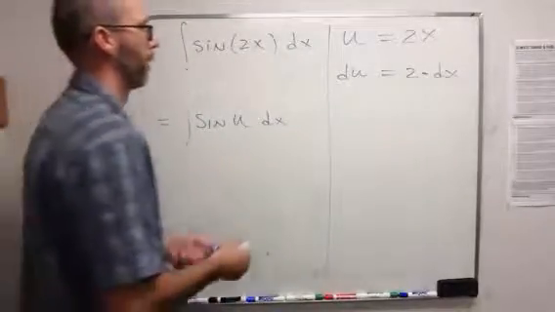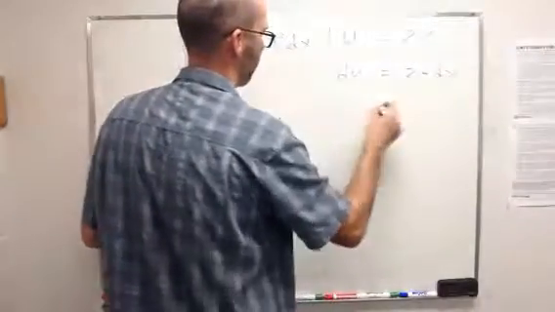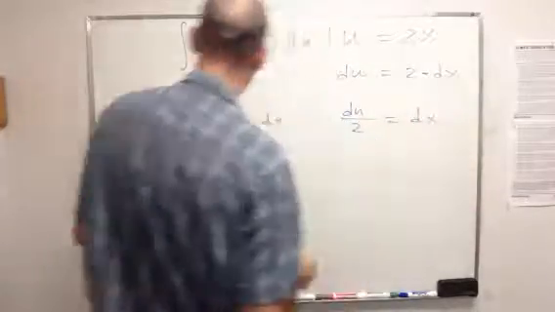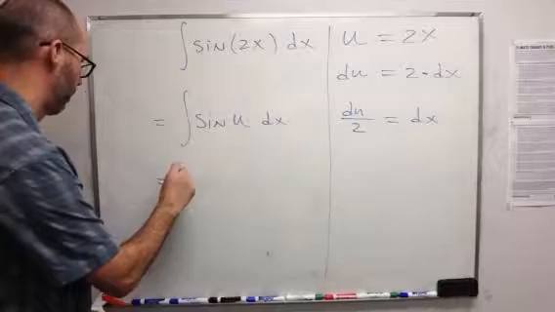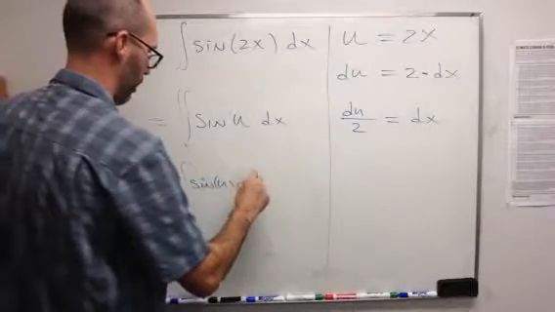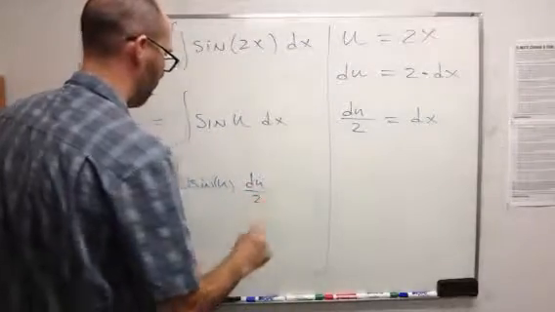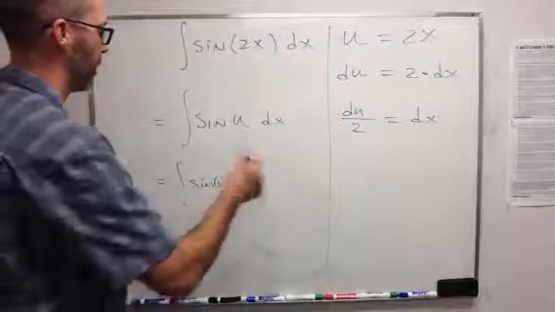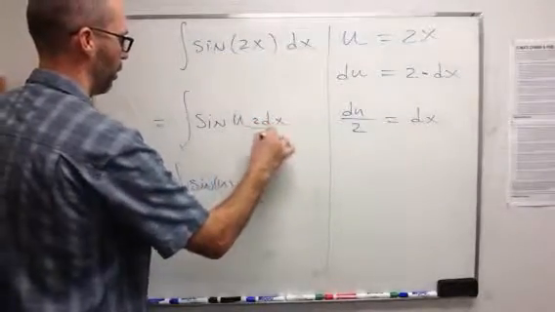So you have two options here. You can solve for dx and substitute that in here. Or you could adjust a little bit, you could say this is 2 over 2 there.